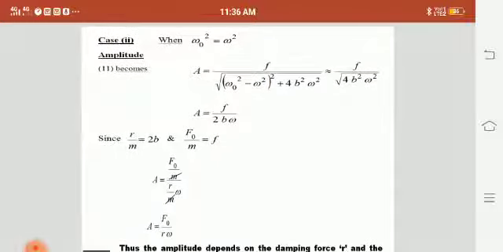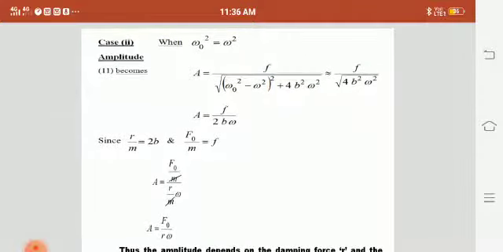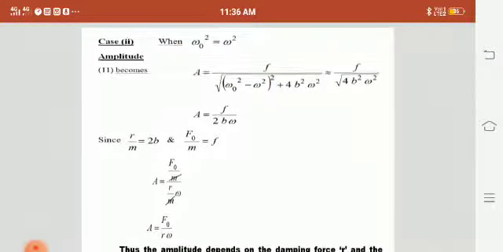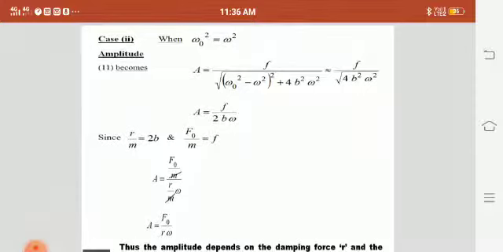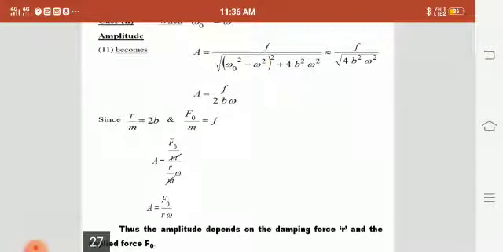Now we'll see case number 2, that is, ω₀² is equal to ω², that is, the driving frequency is equal to the natural frequency. ω₀² is the natural frequency and ω² is the forced frequency. So when both are equal, what is our amplitude and what is our phase? Substituting all the values, we get A = F₀ divided by rω.